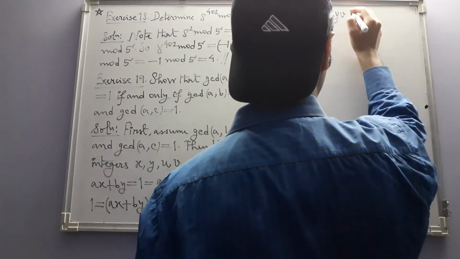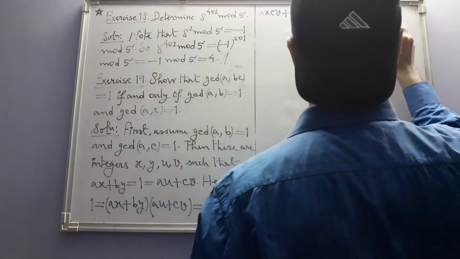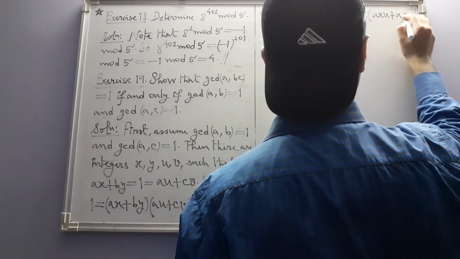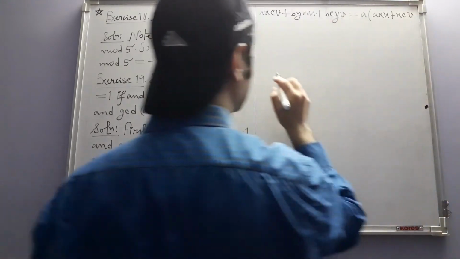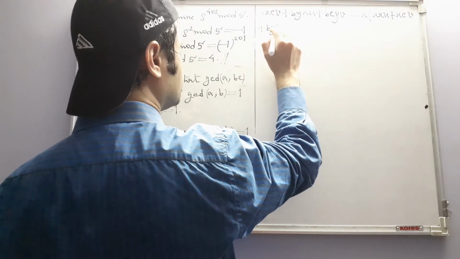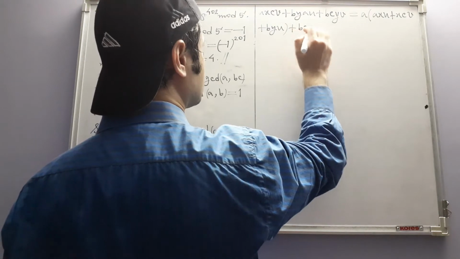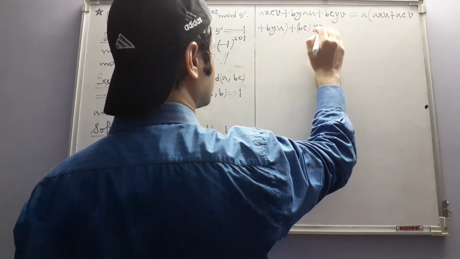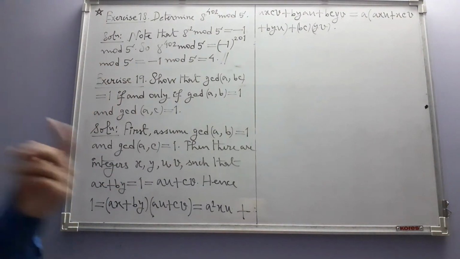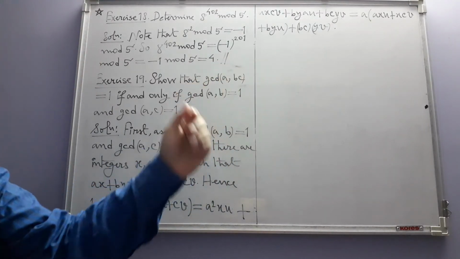Now this can be written like this: A times (axu plus xcv plus byu) plus BC times yv. That means we have taken A common out from the first three terms, and in the last term we have BC in the fourth term.